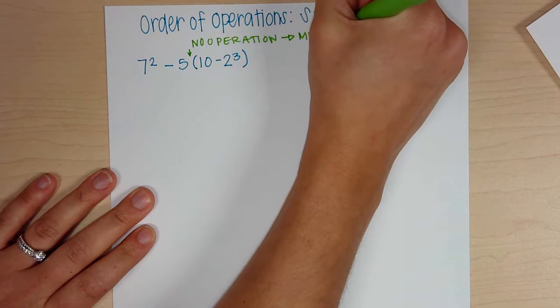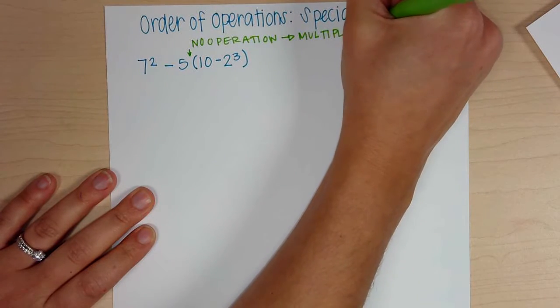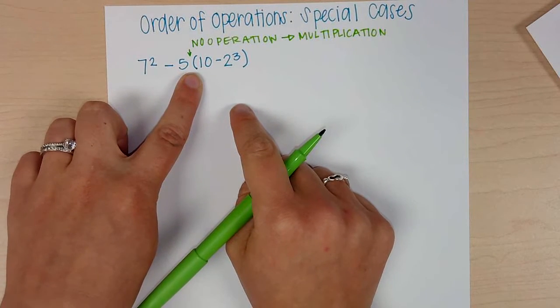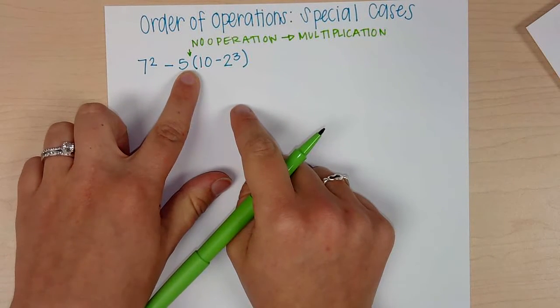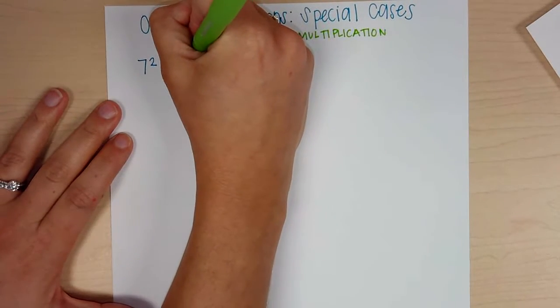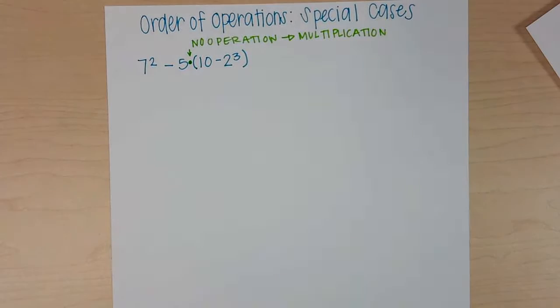So when we see a number directly next to a parentheses and there's no plus sign, subtraction sign, or division sign, then we automatically will multiply. Okay, so let's give this a try.